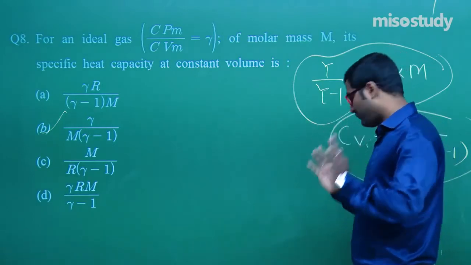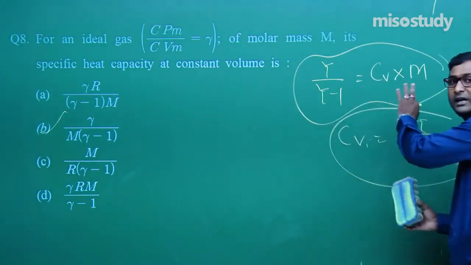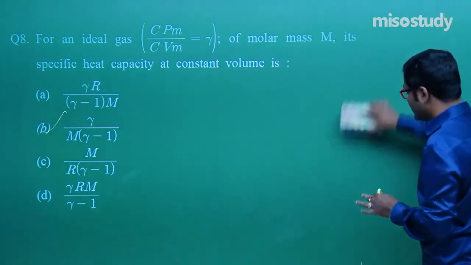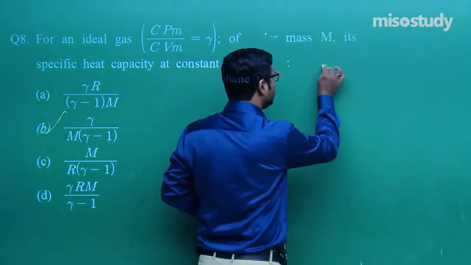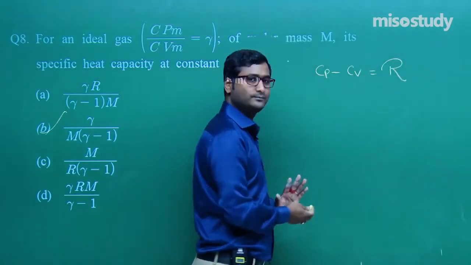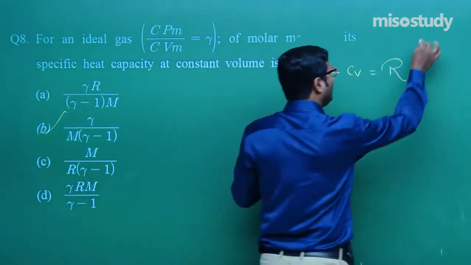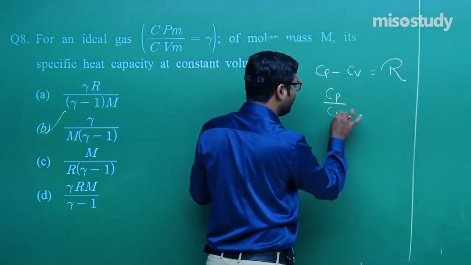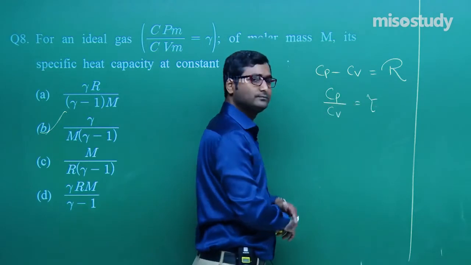Clear to you? If you know how to solve, then you can easily solve. Again I am repeating, if you think that I am skipping, no, I am not skipping. This is very easy. Cp minus Cv is equal to R, and Cp upon Cv is equal to gamma.